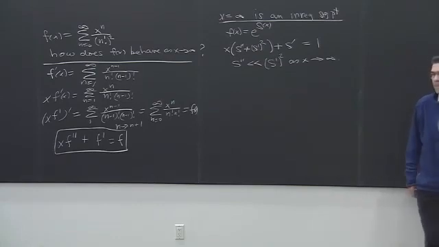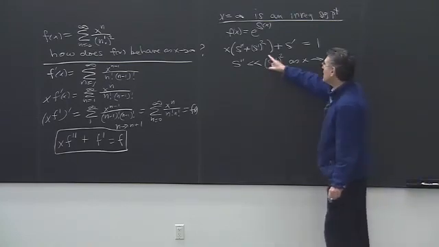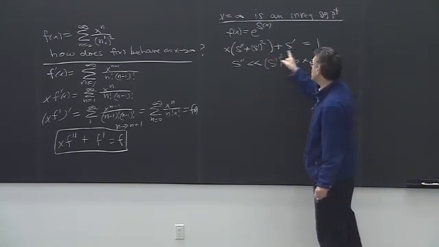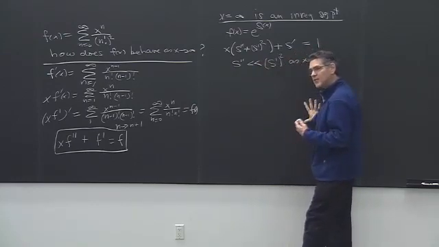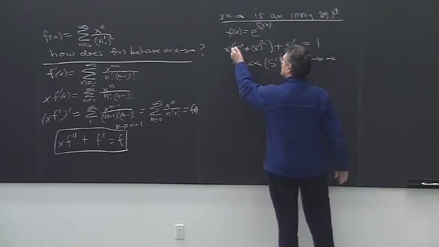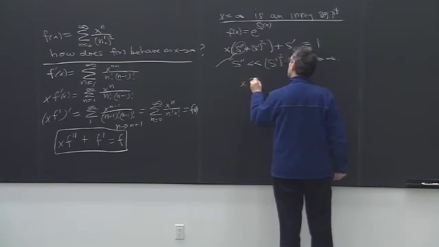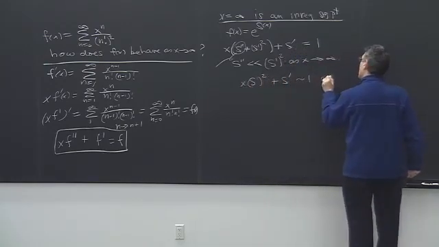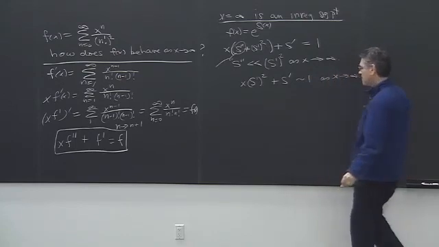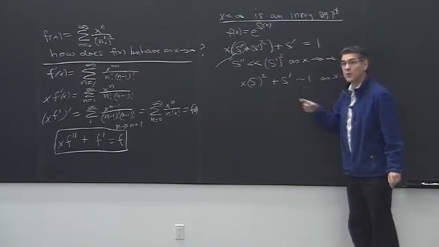So I could take this horrible second-order equation and replace it by an asymptotic relation and neglect that term. So now it reads x times s prime squared plus s prime is asymptotic to 1 as x goes to infinity. Now this is a quadratic, this is an easy equation.